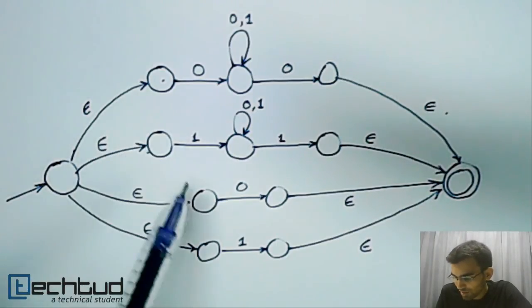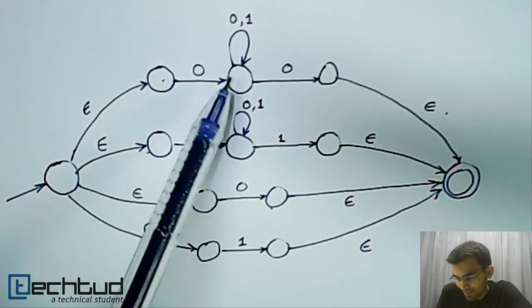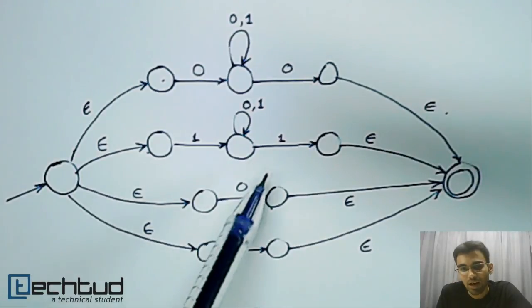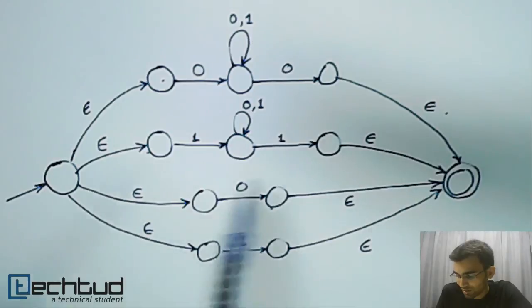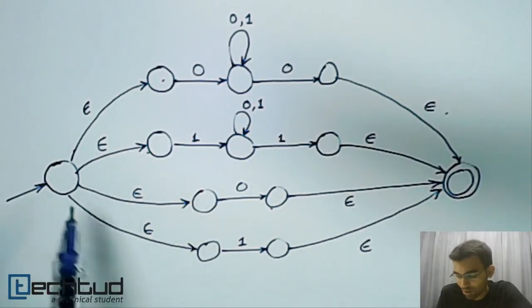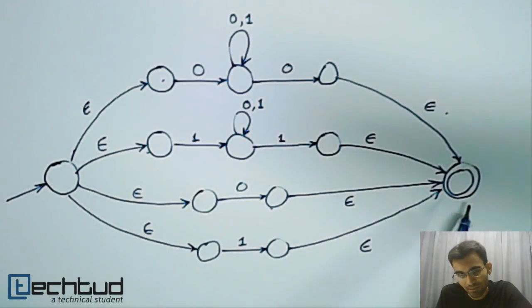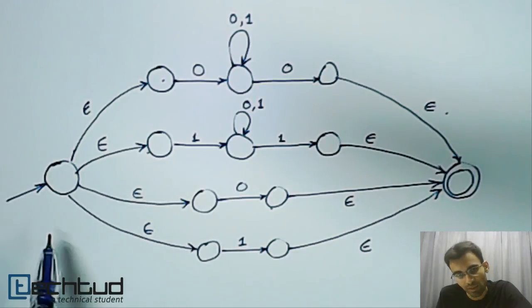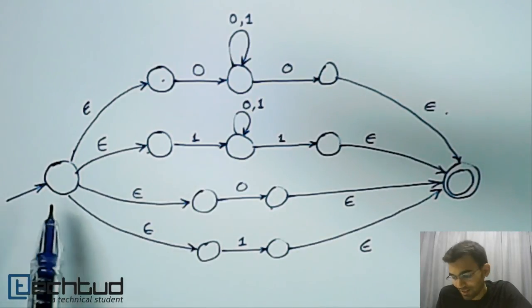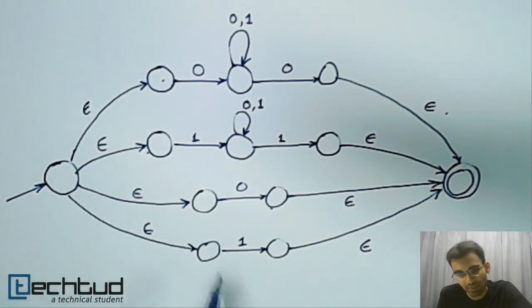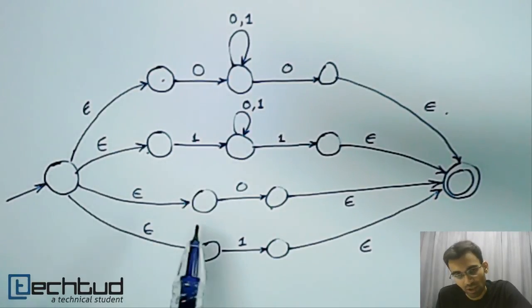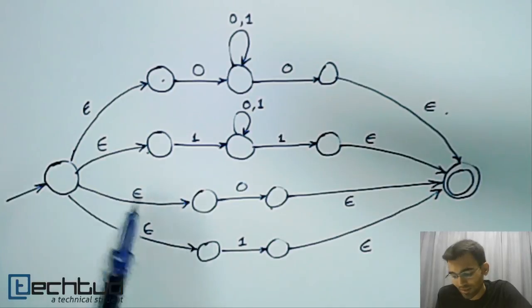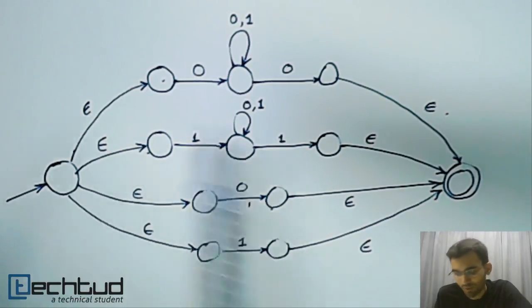So once it follows these 2 paths, the next state will decide how it should proceed further. If any path succeeds to take you from the start state to the final state, the automaton will accept the word. And since each automaton accepts each component of the union, you are guaranteed that at least one of the automata will accept a word if it is present in the union of the 4 paths.